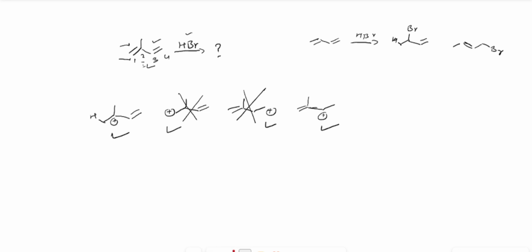While if you look at this tertiary carbocation here, it is involved in resonance with this pi bond. Similarly, this secondary carbocation is involved in resonance with this double bond.